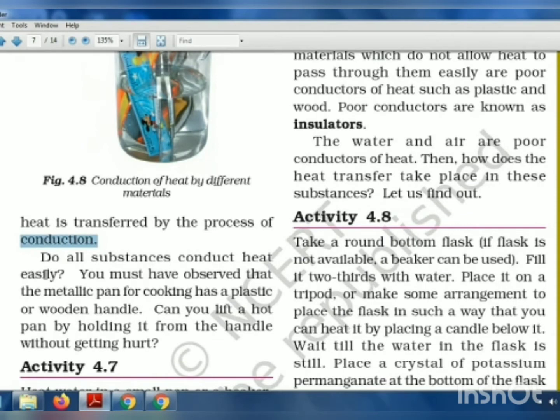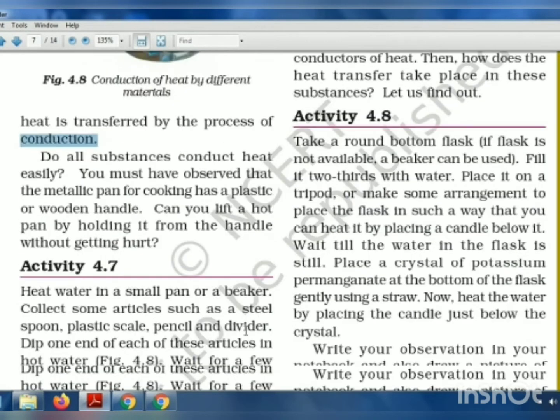Almost all substances conduct heat, but there are some objects which do not conduct heat, which do not transfer heat. So what are they called? And the objects which conduct heat, which can transfer heat from one place to another, what are those substances called?